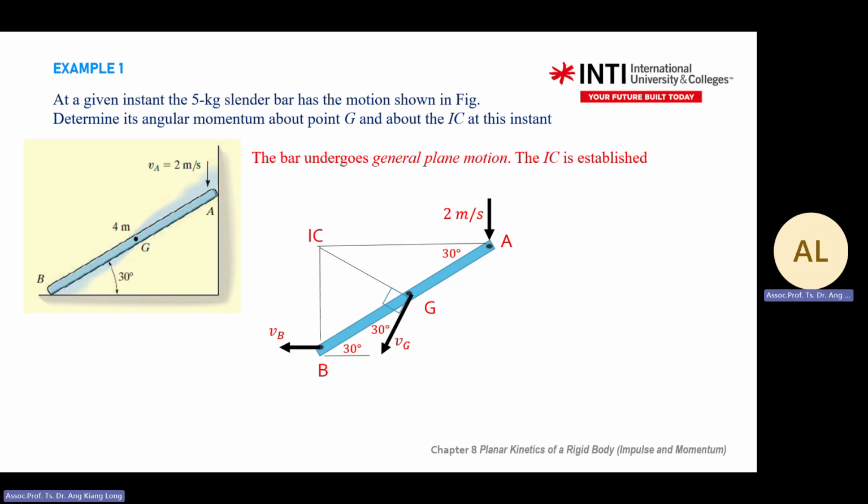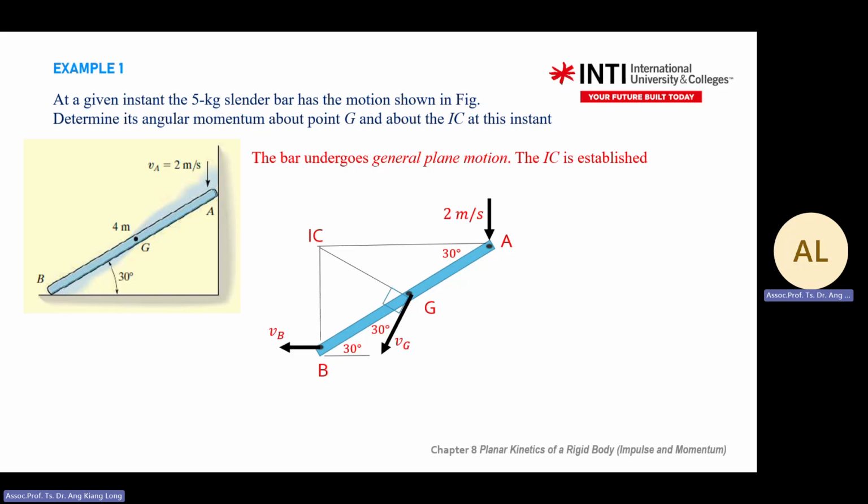If you are sitting on this point, and this one falls down 30 degrees, you are actually moving 30 degrees towards the ground. You try to imagine you are sitting here, and then this rod falls down, free fall.